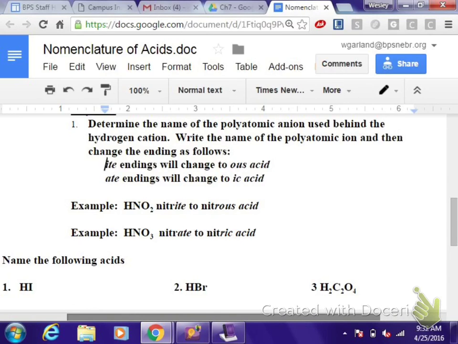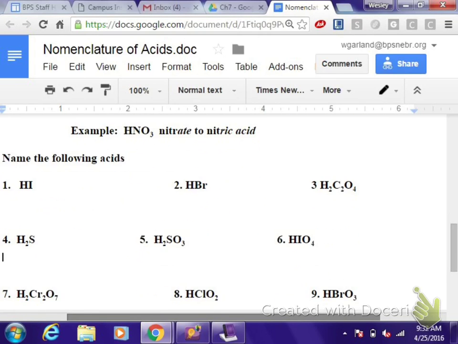Questions? It doesn't matter the number of hydrogens in front. Don't look at that because it has no play on the name that we're doing. So number 3 is oxalic acid. Let's do one more. Let's do H2SO3. So you look up SO3.